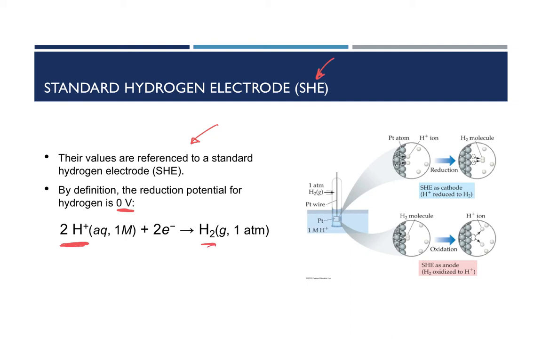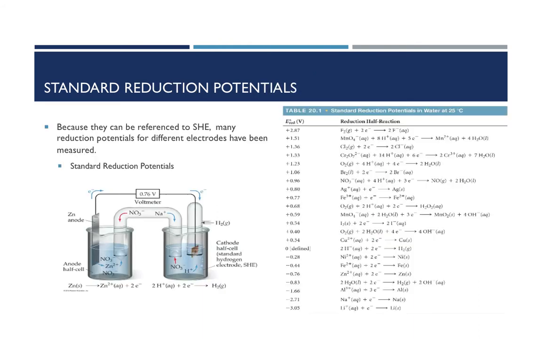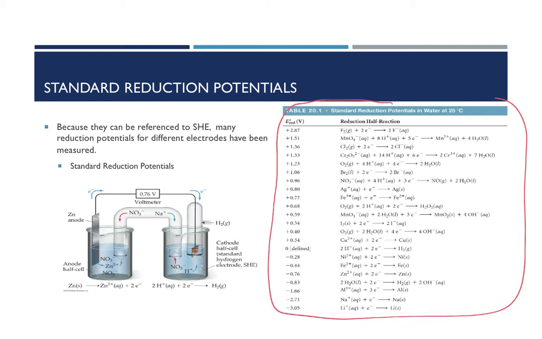That process is given the reference of 0 volts. Because they can be referenced to the SHE, many reduction potentials for different electrodes have been measured, and we find them in a table like the standard reduction potential table.